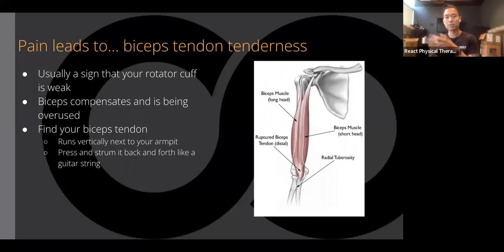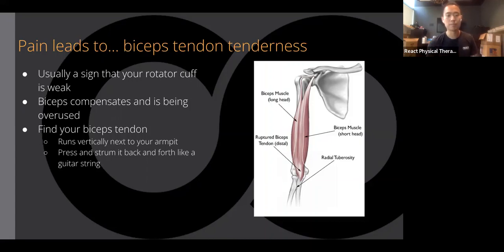It's not stabilizing your shoulder, ideally. And so the biceps, because that also crosses the shoulder, is going to be taking some of the brunt of the stabilization. It's going to be doing a job that it's not supposed to do. The rotator cuff is supposed to stabilize. The biceps is going to be like, I'll help if you're weak. And then it starts to be overused.